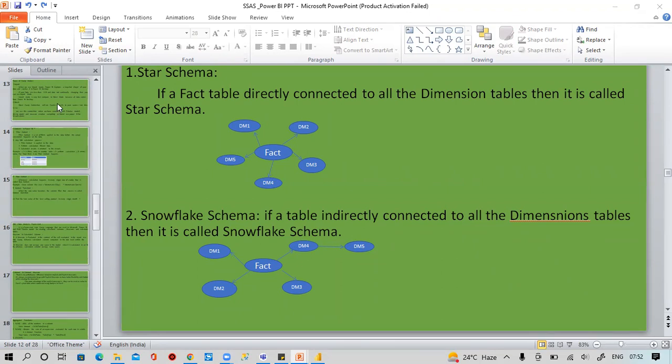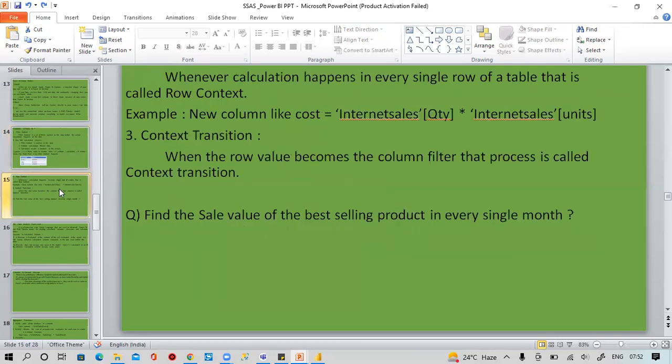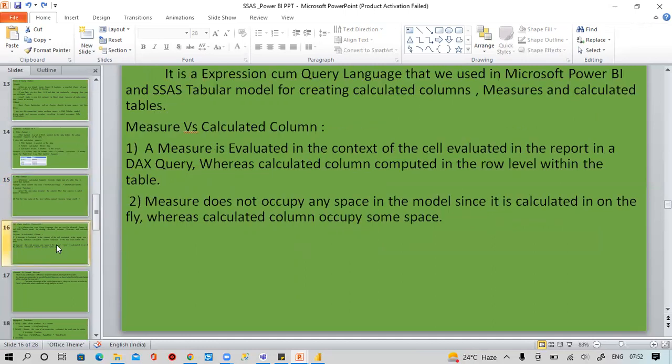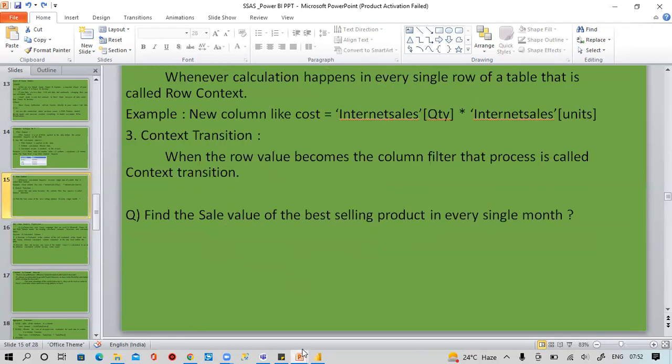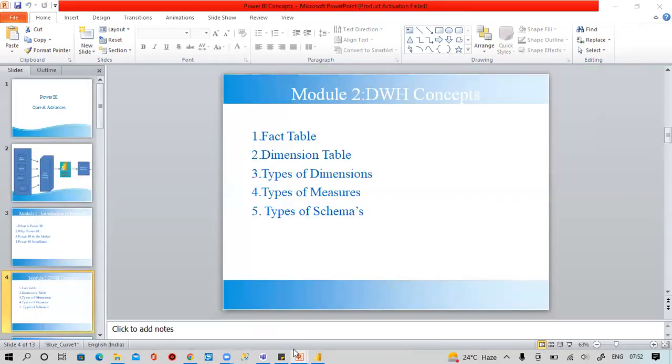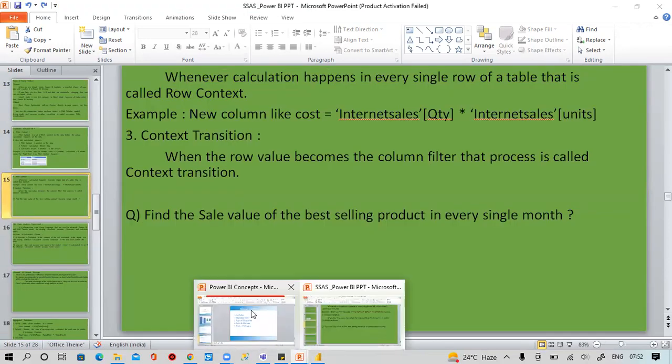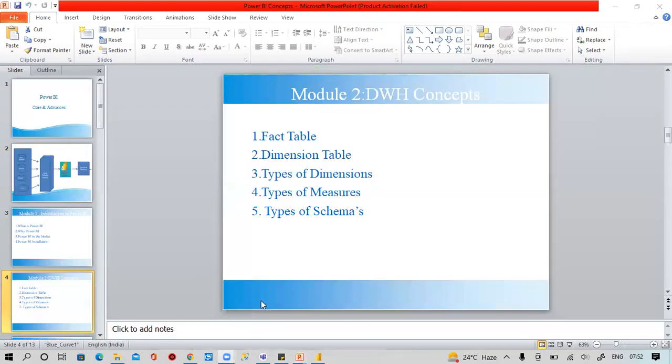Not all content is copied; some content is written in my own English, to make it clear and understandable by everyone. Initially I prepared this one. Later on, to maintain an order, I prepared this PPT. That is the reason we have two PPTs.